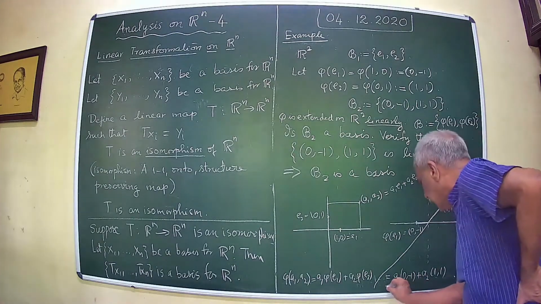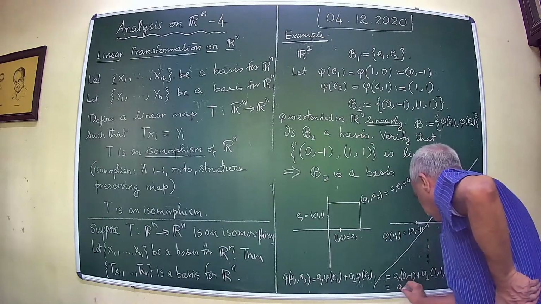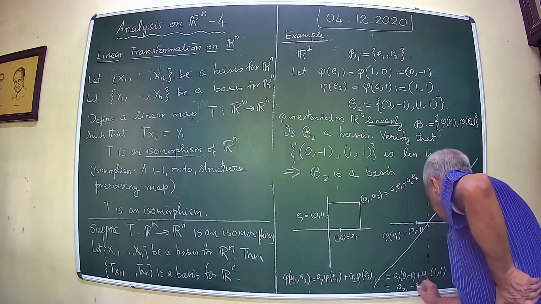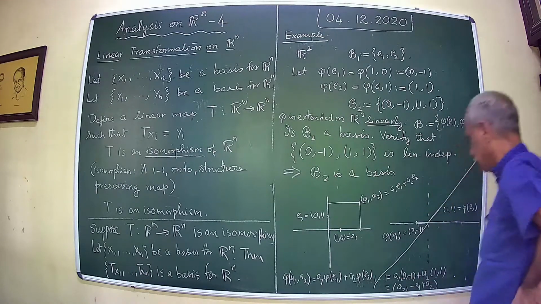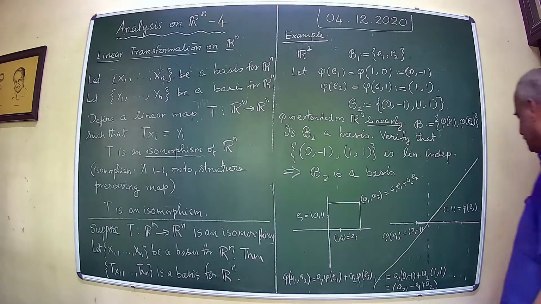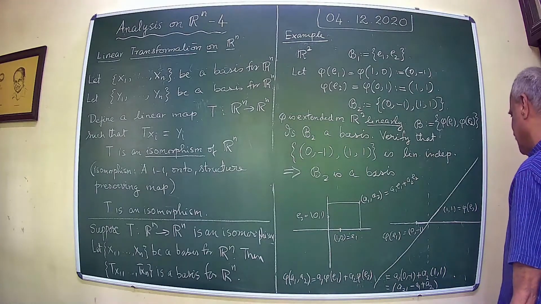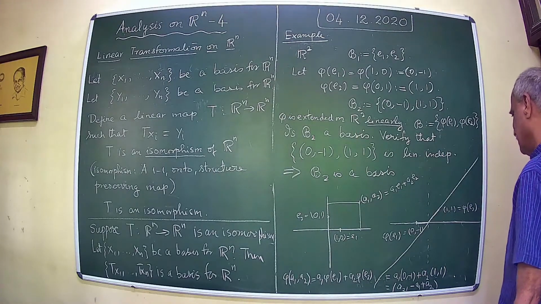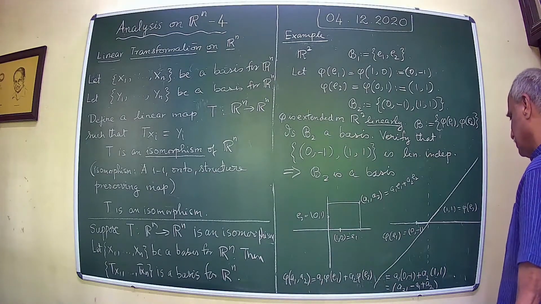and that is essentially (A2, -A1 + A2). So it goes to some other point.